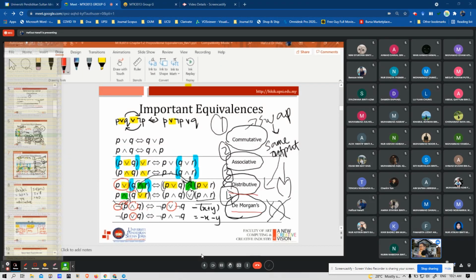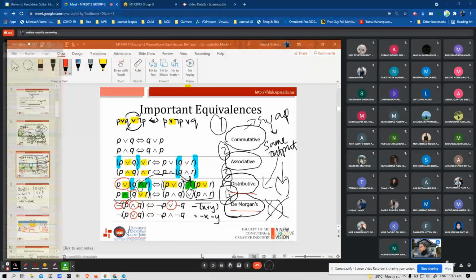Output dia kena sama. Likewise, the complement of the sum of all terms is equal to the product of the complement of each term. Okay. Boleh? Siapa nama tadi? Hamdan. Okay, simple je. Jangan complicated sangat.